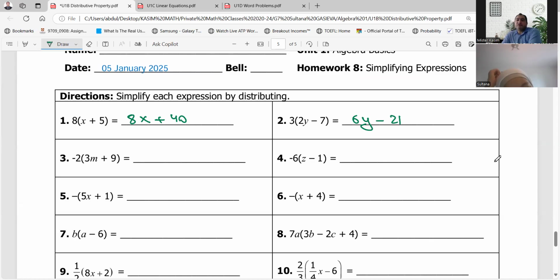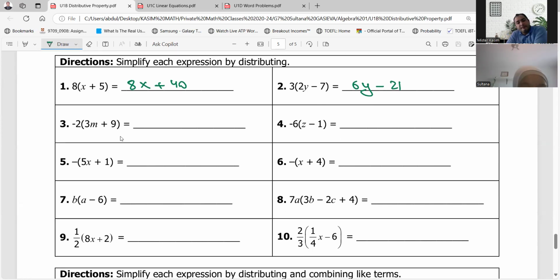Okay, continue. 3. Negative 2 times 3m plus 9. So negative 2 times 3 equals negative 6m, plus negative 2 times 9, and then it's gonna be negative 18.